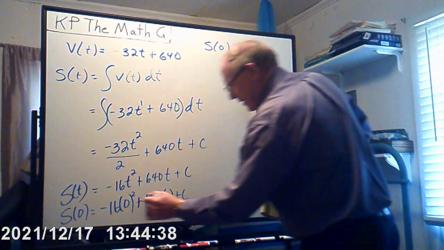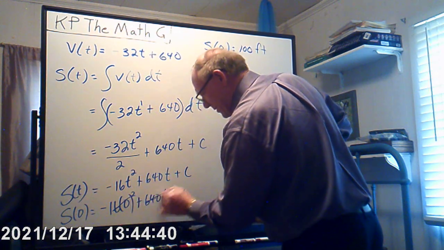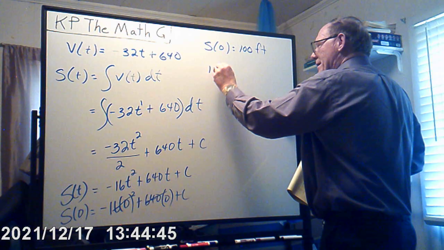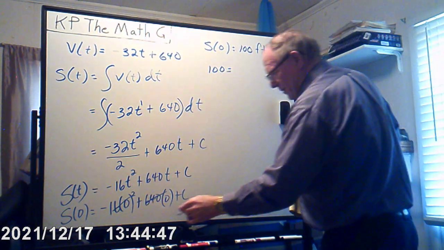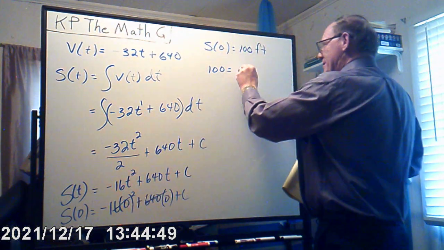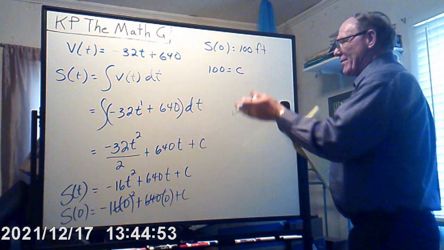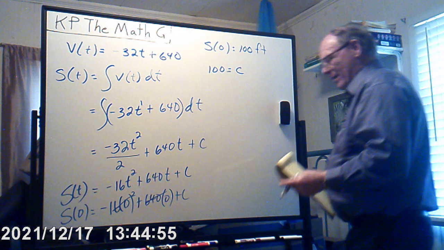Notice that this is just 0 and this is just 0. And s at 0 is 100, so we put in 100 is equal to c.